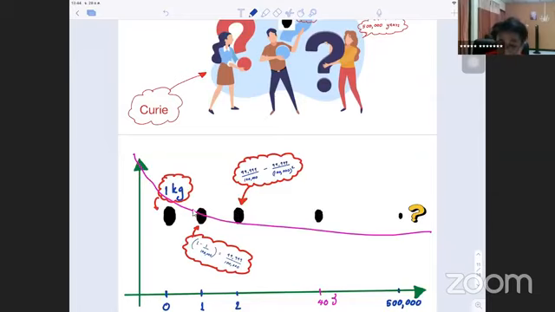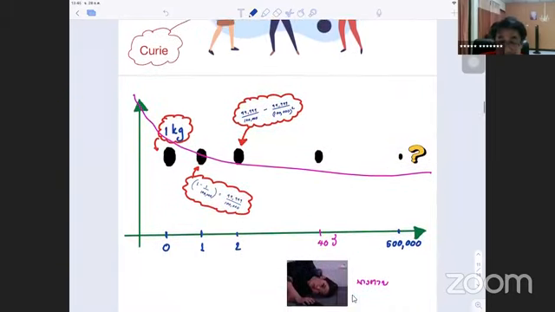But she cannot measure the radium for 500,000 years because she died. She died because human life is not long. So how did Curie give the answer for two students?